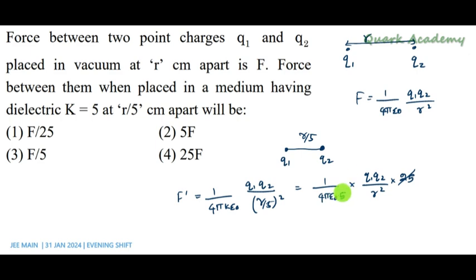So this 25 and 5 we can cancel. Then we get F dash, which is equal to 5 into 1 by 4 pi epsilon naught Q1 Q2 by r squared. This 1 by 4 pi epsilon naught Q1 Q2 by r squared is nothing but force F. So it is going to be 5F.